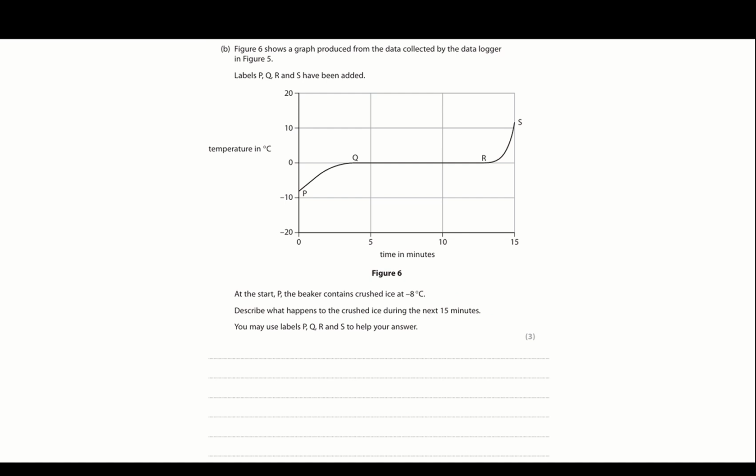Question 6. So here we can see we've got our specific latent heat, and here we've got our specific heat capacity. So here we're heating it up and we're increasing the kinetic energy stores. For that one we use Q equals mc delta T. And here we've got the specific latent heat where we're changing state, and for that we use Q equals mL.